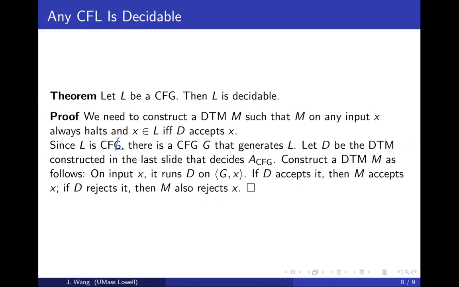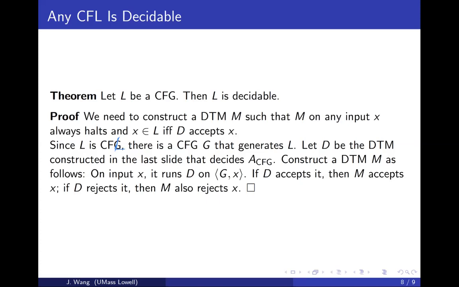Okay, so now we construct a deterministic Turing machine D in the last slide that decides A sub CFG. Then we construct a new machine M as follows.